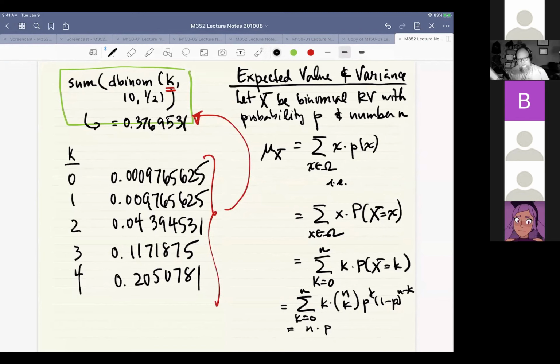Well, it's the number of trials N times the probability of success, P is 1/2. 10 times 1/2 is 5. So if I'm flipping a coin 10 times, I expect it to land heads 5 times, right? That's a computation. If part of you is sitting here saying, no, duh, you're speaking from your lived life and your empirical experience of flipping fair coins.